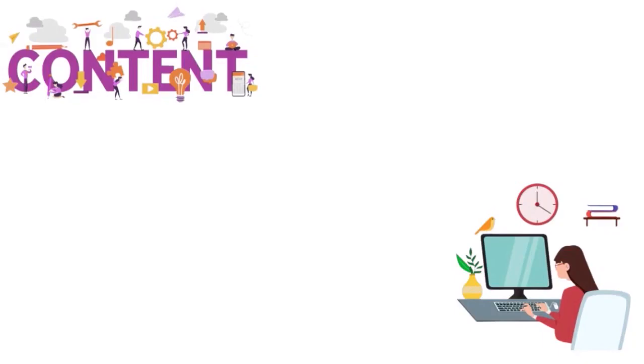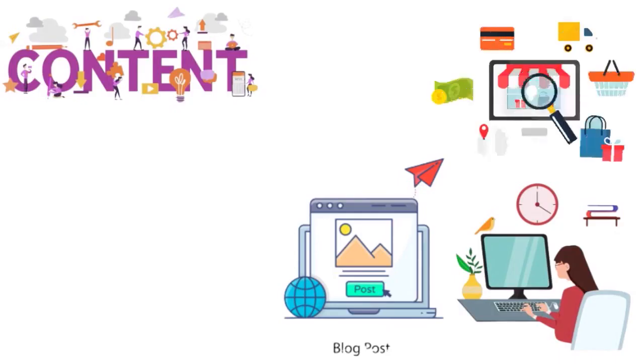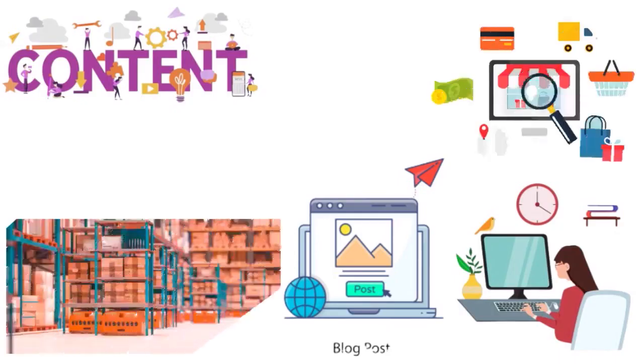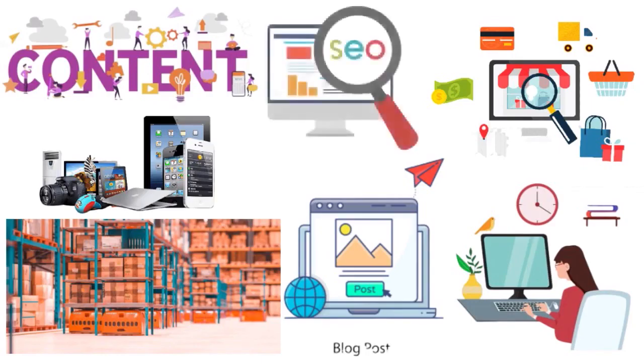You need to feed content into the site. It could be content from a blog, it could be content based on your e-commerce store mission, like products, and it can be physical products, digital products, downloads, it can be anything. And you also have to think about SEO. You have to think about having the right tags.